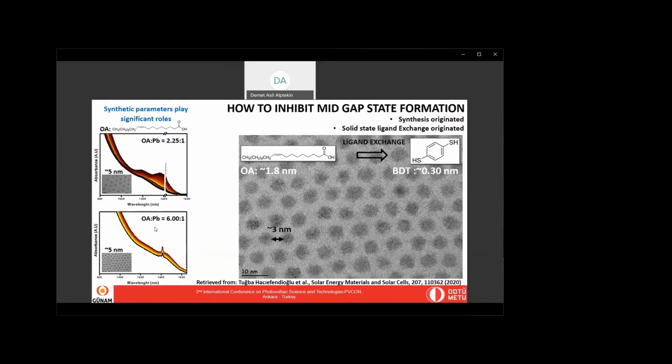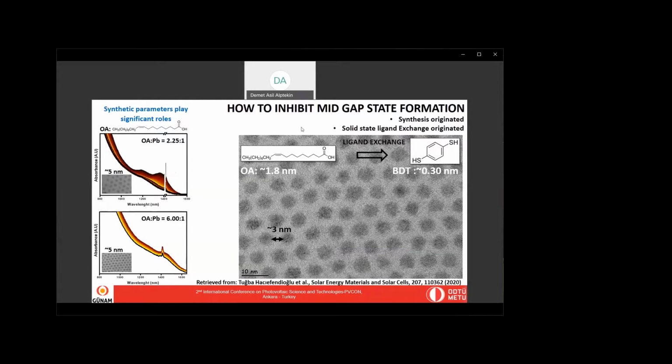If it is used in excess, then the quantum dot is perfectly surrounded by those ligands, and they become very stable in air. But the same size quantum dot with less amount of those stabilizing ligand on the surface becomes extremely air unstable. So this is another factor that controls the stability.